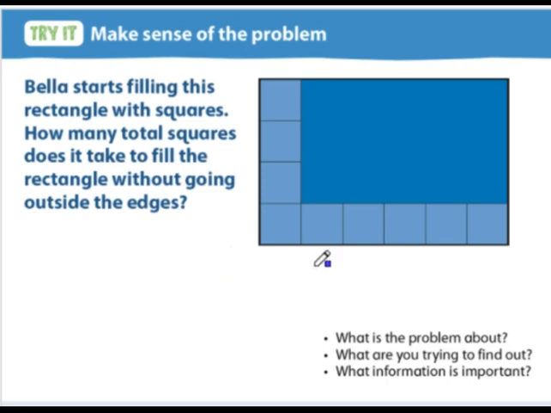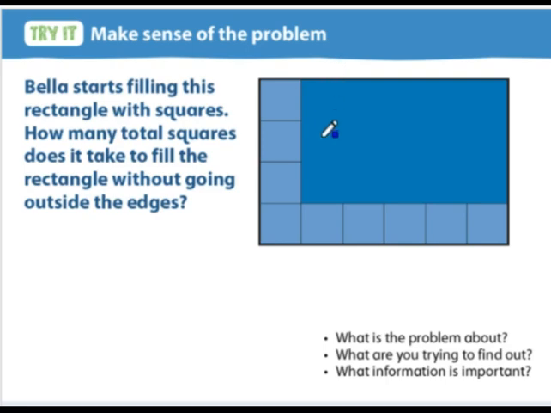Okay, so I get it. We're filling the whole rectangle with this size of square unit. The information that's important seems to be in the picture. We have 1, 2, 3, 4 tiles in a column, or square units in one column.